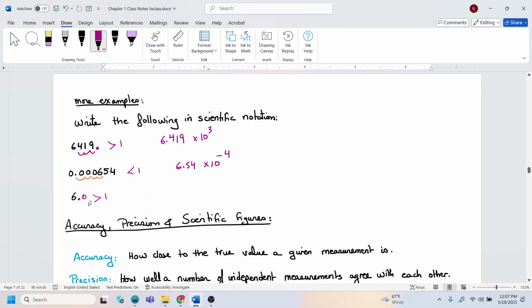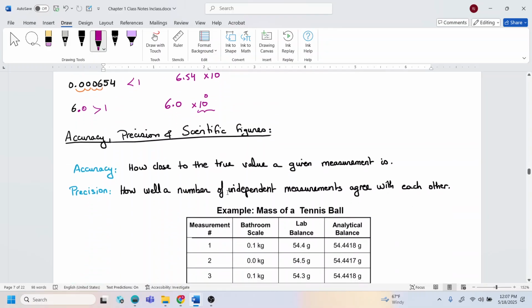I don't have any power in there, so I'm going to make it 10 to the power 0. So the scientific notation for this one is going to be 6.0 times 10 to the 0. We all know that any number to the power 0 is 1. So it's as if 6.0 times 1.